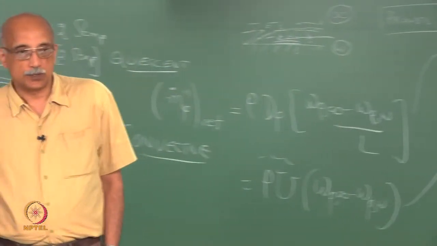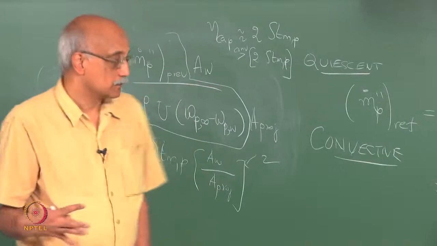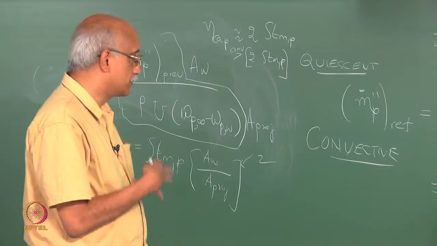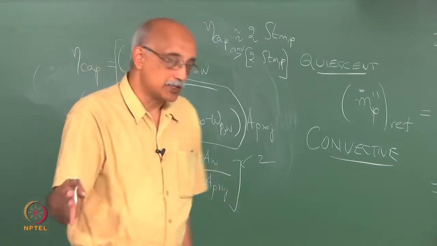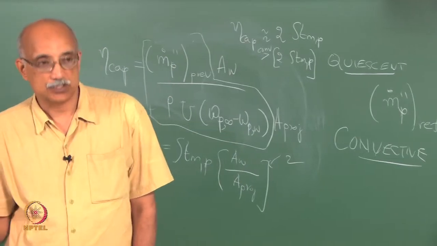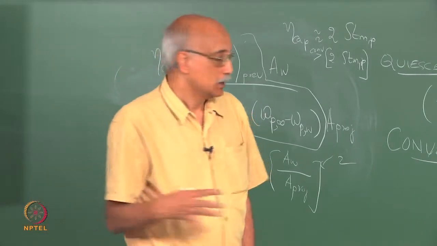So that makes it very simple, the functional representation is the same. So once you have obtained the functional relationship in one case, you can directly substitute Schmidt number for Prandtl number and obtain the corresponding mass transfer expression.